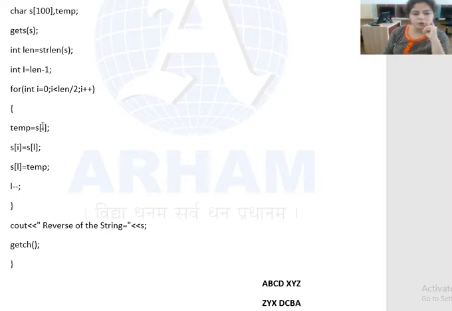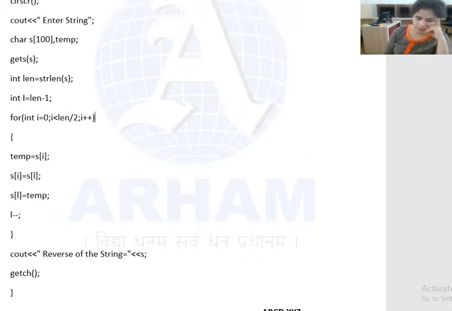S is the name of the string: transfer the ith value into the temporary variable, then the L value into the I variable, and the temporary value into the L variable. You can use any variables, it is your choice. Then L minus minus. Why minus minus? Because it moves from backward to forward, so we are decrementing the steps. Now close the curly bracket. Okay.